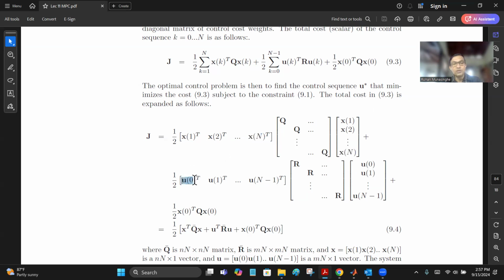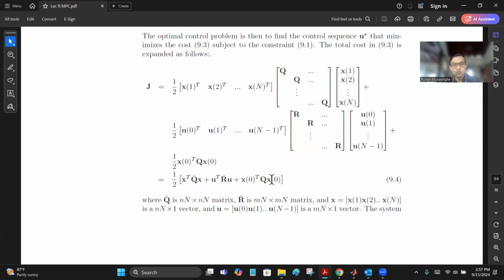And you have the R matrix, now all R matrices along the diagonal, and then all of the control signals over here. So we want to find the most optimal set of control signals, u0 to un minus 1. This is actually what we want to optimize. And the final term is this one, you just write it down.